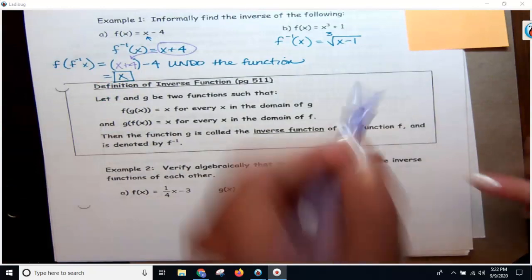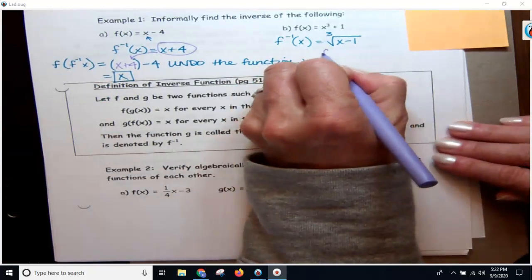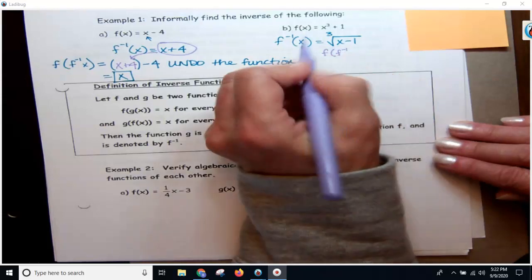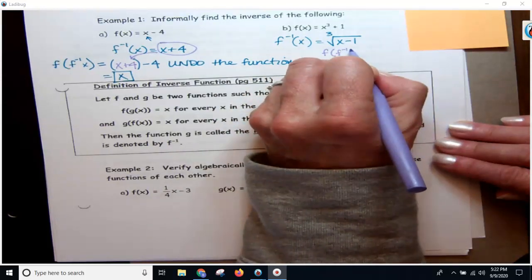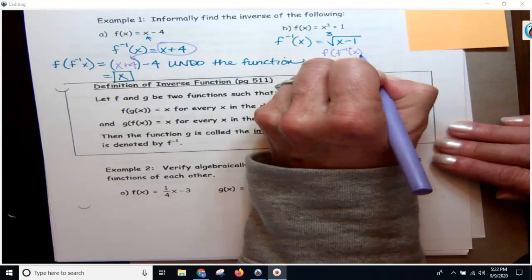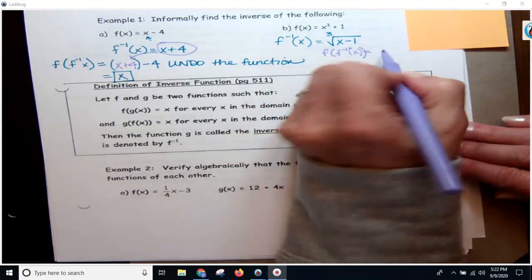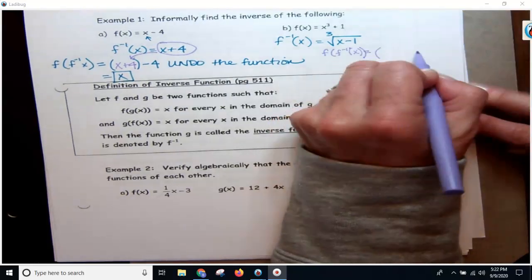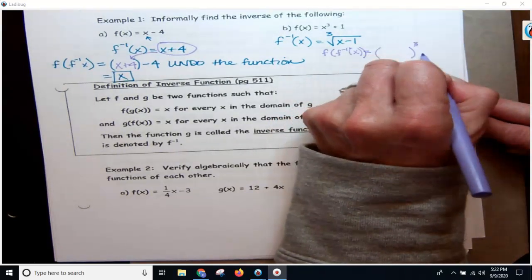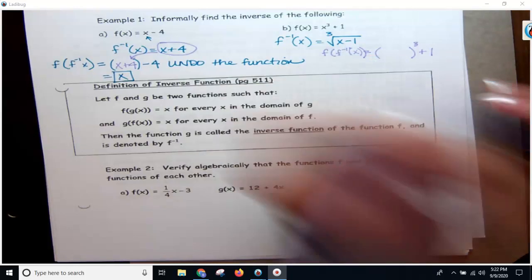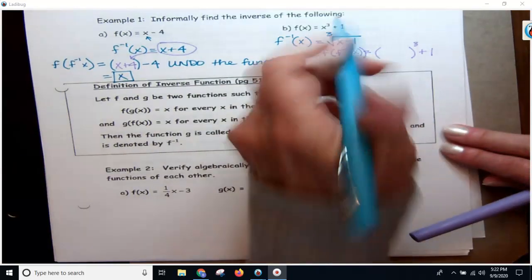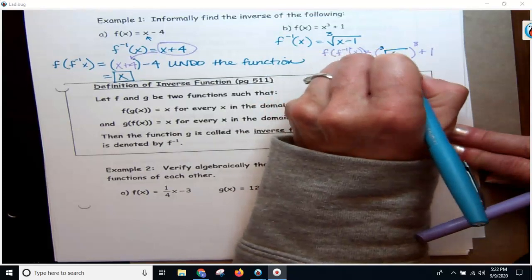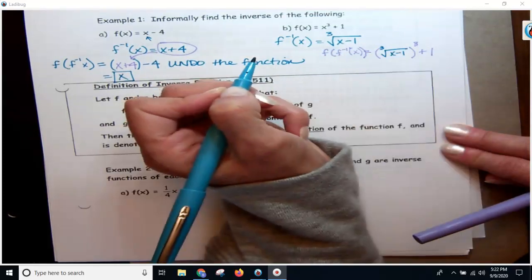Would that work here? Yes, let's see. It actually works the opposite way too. I'm not going to do that right now because I think that'll confuse you, but it does work if you want to try it. And then we do the x cubed plus 1, and then I'm going to insert this portion, the cube root of x minus 1.